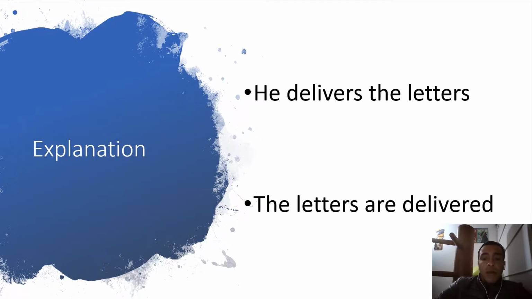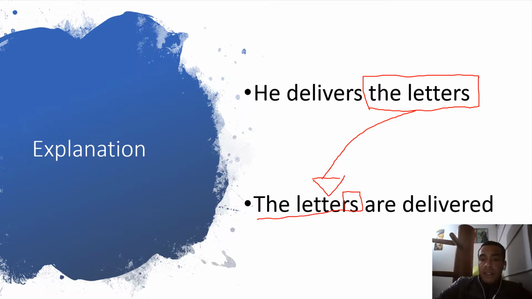Here we have another example. Now we have, again, the letters. That is going to be the object. And the object is going to be moved to the beginning. Okay? Now keep in mind that this is "letters," so this is plural. So, "delivered" here.